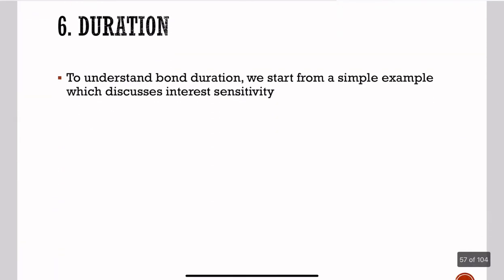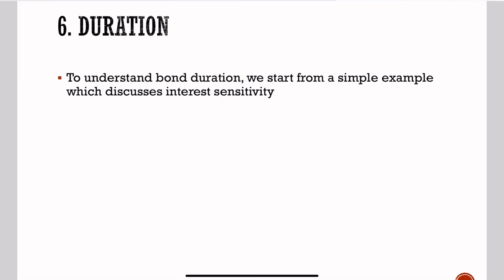Okay, now let's talk about duration. Duration is actually very closely related to maturity. Why do we want to understand duration? Because we want to understand, again, interest rate risk. Duration is a measure which gives us a clear understanding of how bond price will change if interest rate changes.